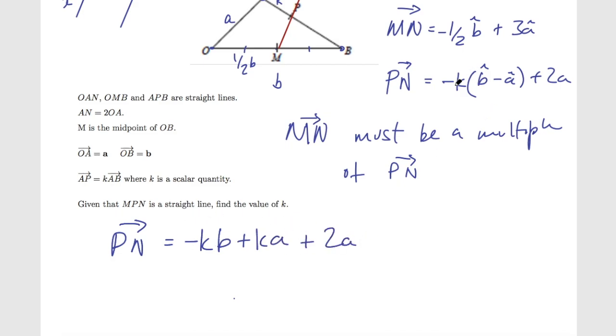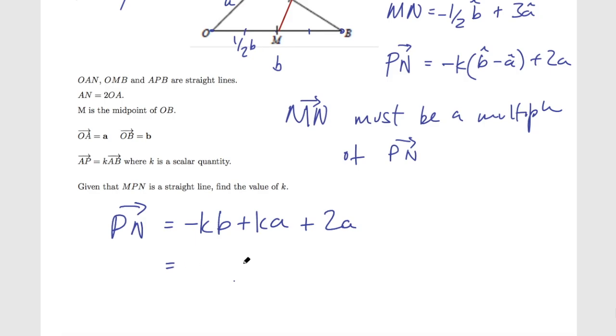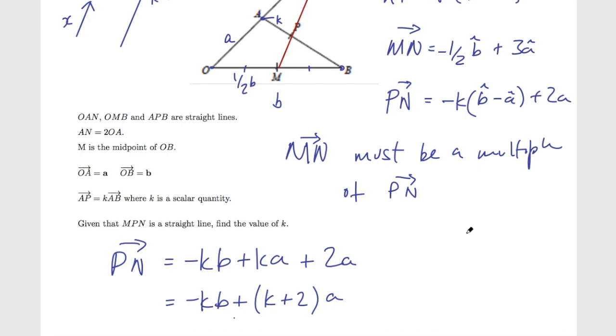I've just expanded those brackets. And then this is going to be equal to minus kb plus, if I factorize a out of that, (k plus 2)a.